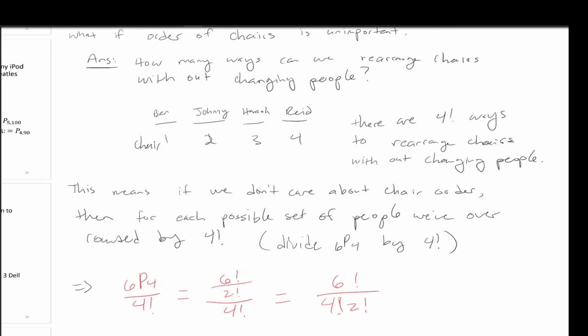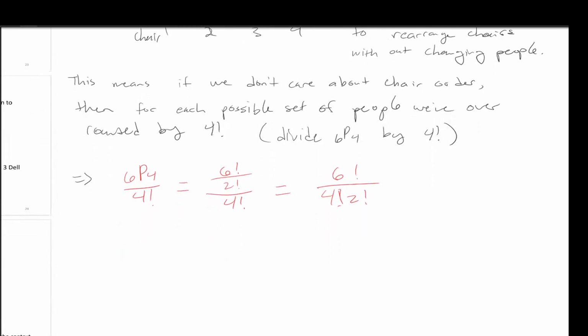And this is what we call a combination, or an unordered arrangement. We call this nCk, and that's n factorial over k factorial times n minus k factorial.